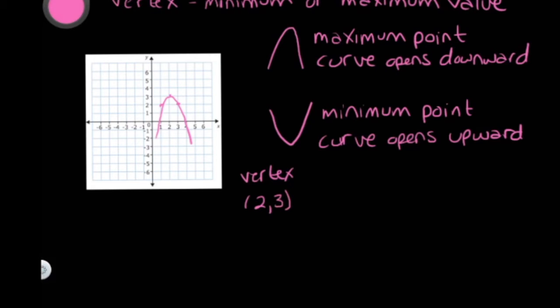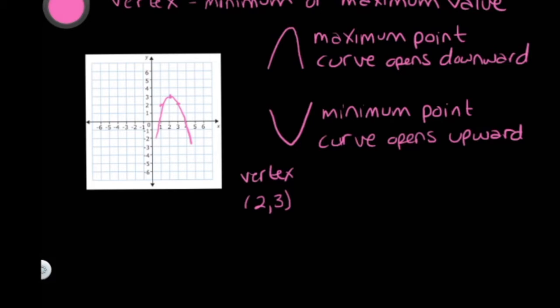So the maximum point where it reaches right up here where I have the peak, that is my vertex. My vertex is at 2 and 3, and it just follows this curve on the way up and then on the way down.